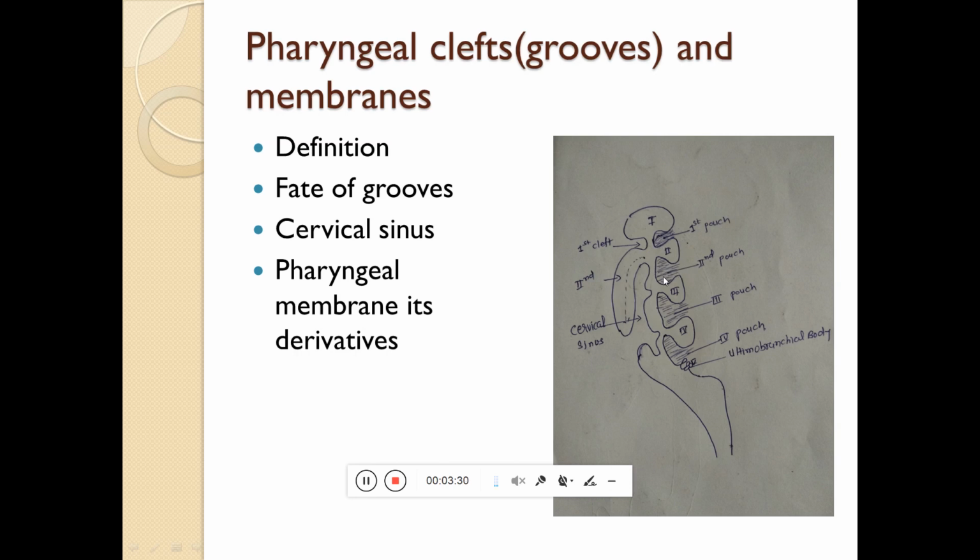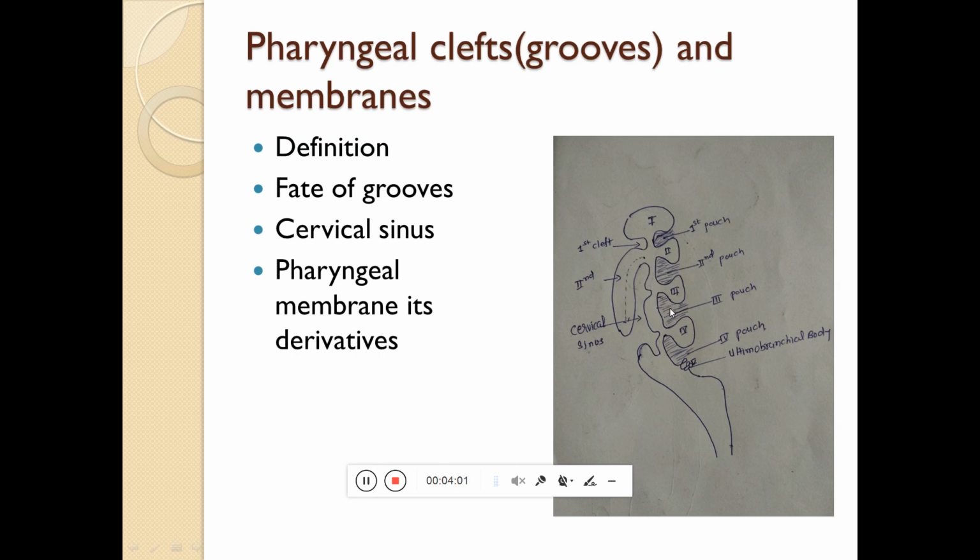The second pharyngeal pouch develops the mesodermal components of the palatine tonsil; otherwise it is responsible only for the intratonsillar cleft. That means the mucous membrane around the palatine tonsil is developed from the second pouch, and in between there is the mesodermal thickening, the palatine tonsil.